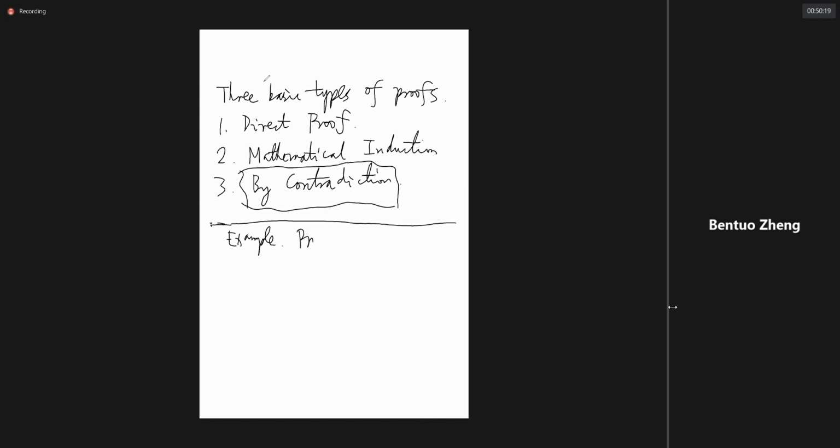Prove that 1 plus 3 plus 5 plus up to 2n minus 1 is equal to n squared.